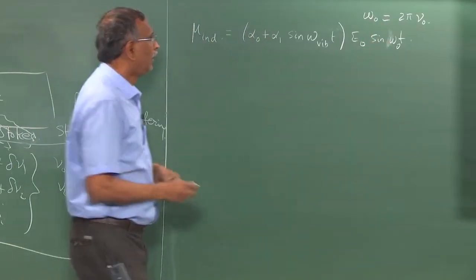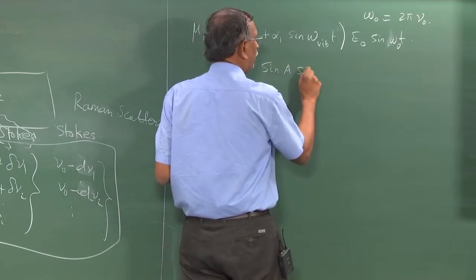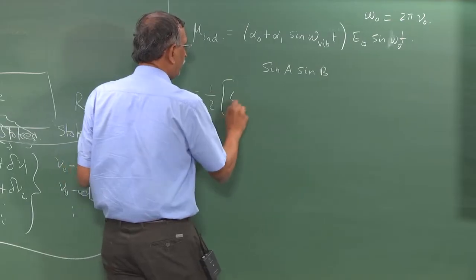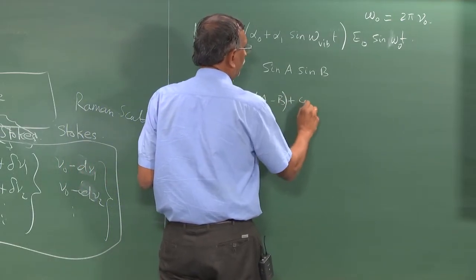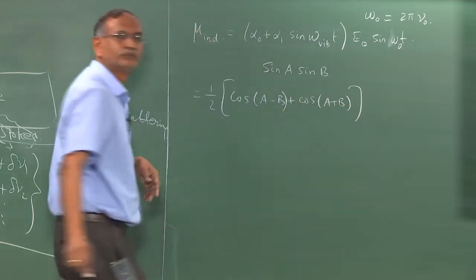Okay. Now, please remember sine A sine B is 1/2 cos A minus B minus cos A plus B. Okay.